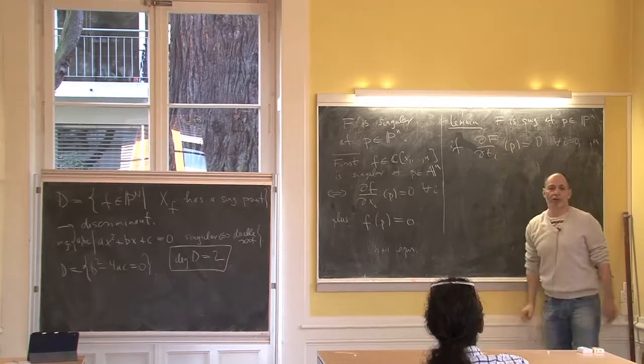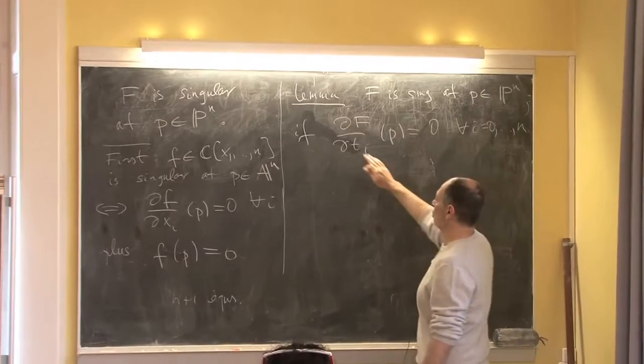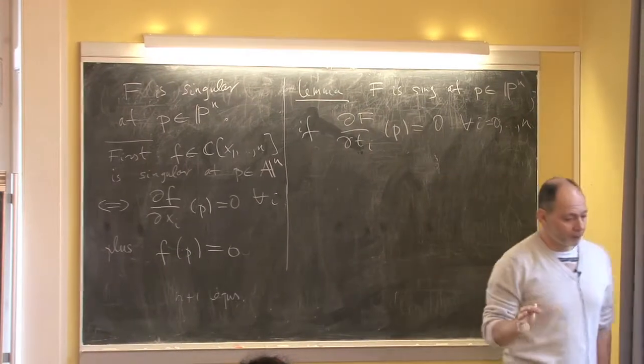I'll just denote the variables for the projective space now T0 up to Tn, and I just take the partial derivatives of this f.